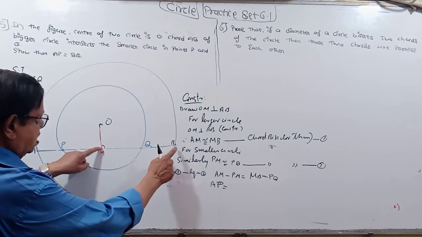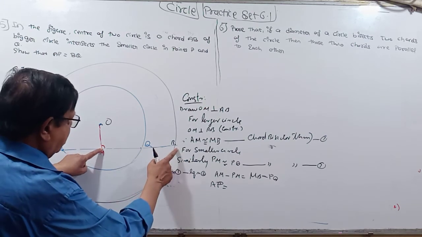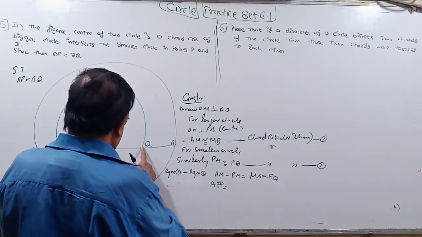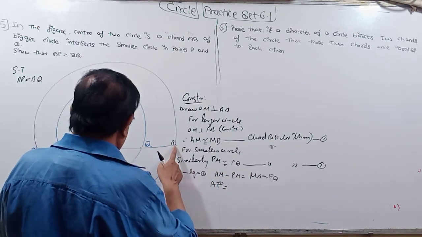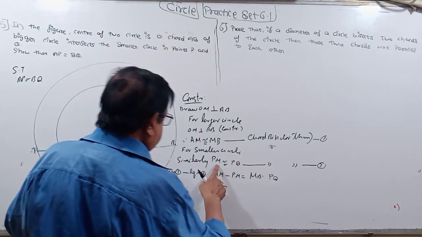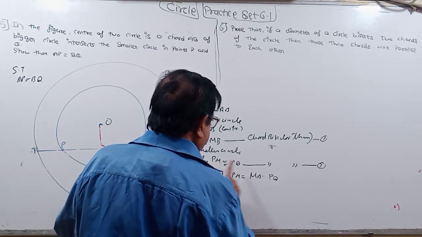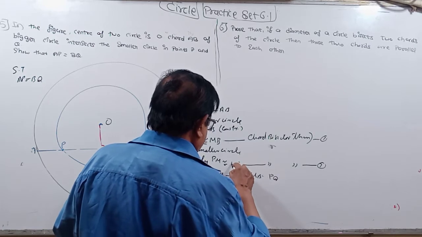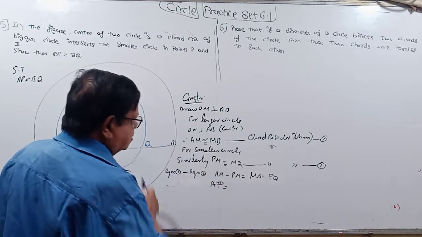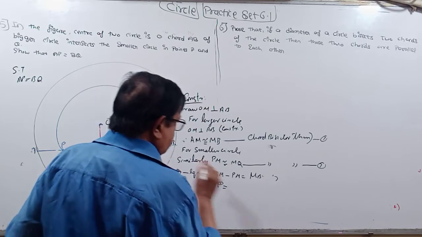What is MB minus MQ? PM congruent to MQ होना चाहिए. इधर लिखा है PM congruent to MQ लिखना चाहिए था. ओके. इसलिए MB minus MQ.